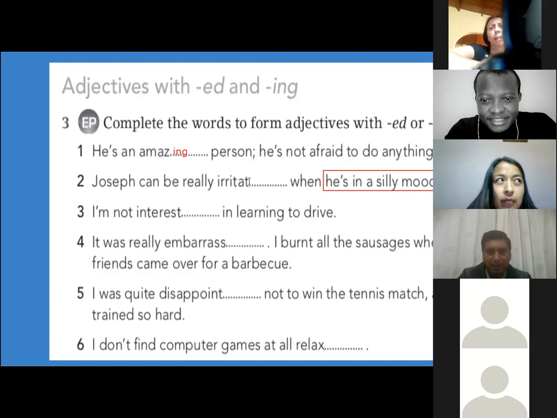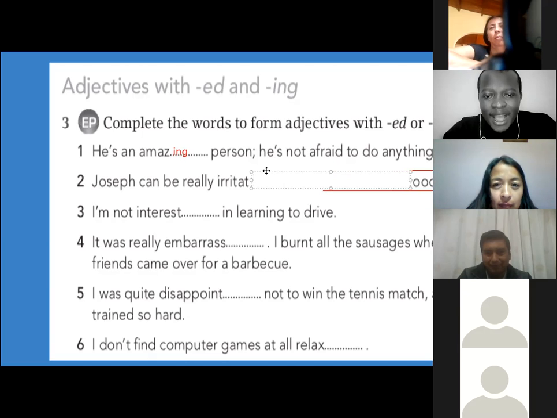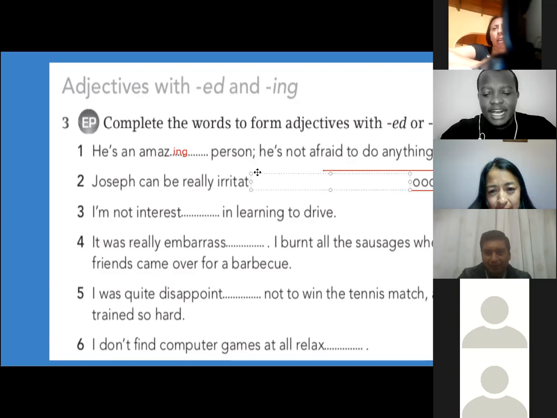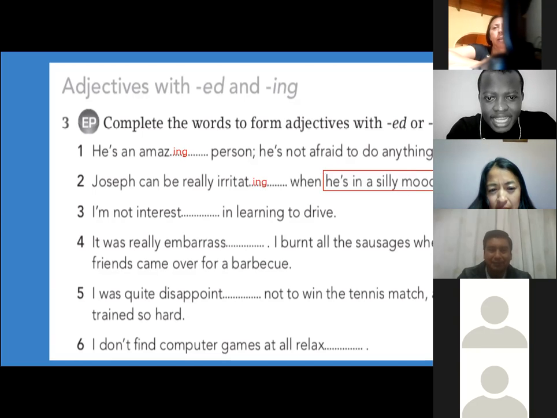Why they feel the way they feel. So that makes it ING. So he can be really irritating to other people when he's in a silly mood.